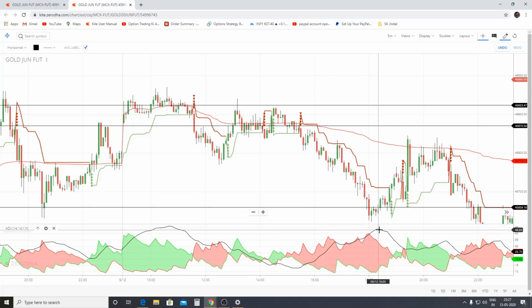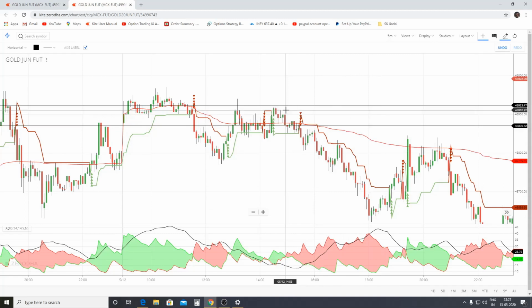So this is 43, ADX is 43, ADX is becoming flattened, so consolidation or reversal pullback, anything can be expected. So the moment it becomes flat or the moment it starts declining, you could consider booking your profits.